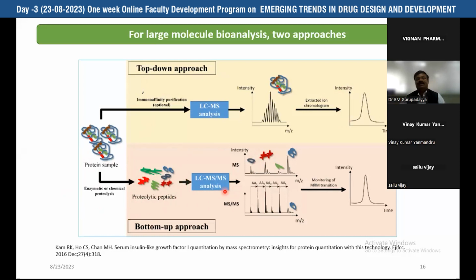So it is very clear that LCMS is one of the best methods for the quantification and for the identification of your interested one. In the majority of cases, we go for the identification of your interested proteins only. Later, of course, the same instrument can be helpful for the quantification also. So thereby, we are identifying our interested proteins only.